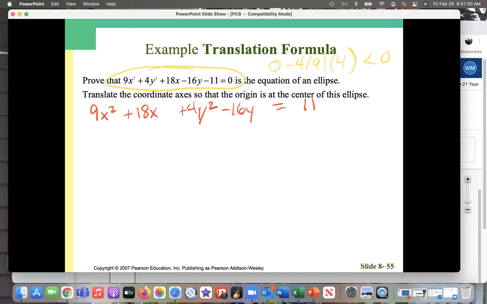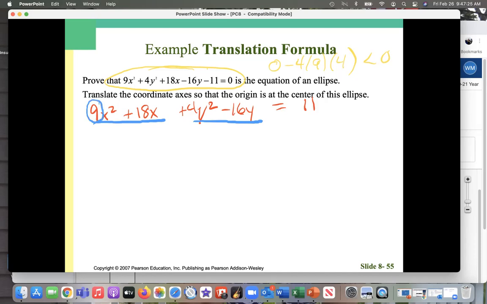Now, we're gonna have to complete the square here, and we're gonna have to complete the square here, right? We're gonna have to do it twice because there's basically two quadratics there, all right? Now, when we reviewed completing the square, what was it, Tuesday? Didn't we say, I don't wanna complete the square with this being 9? So what do I have to do? Factor it out, all right?